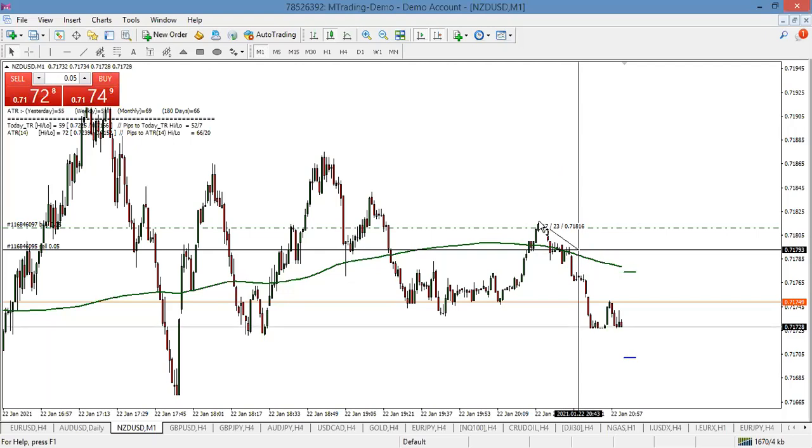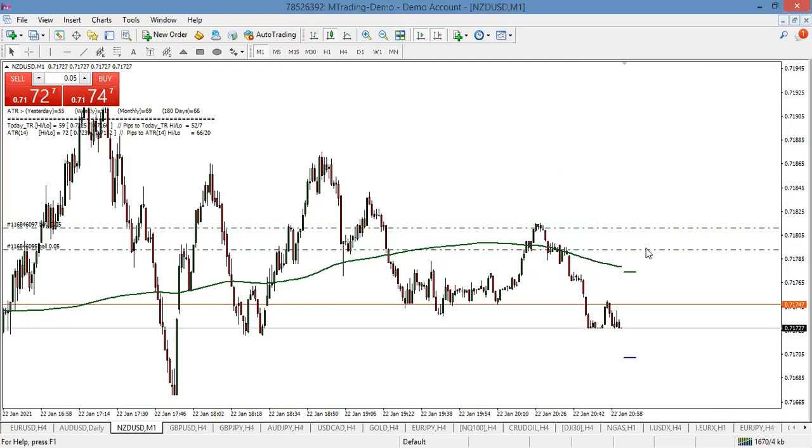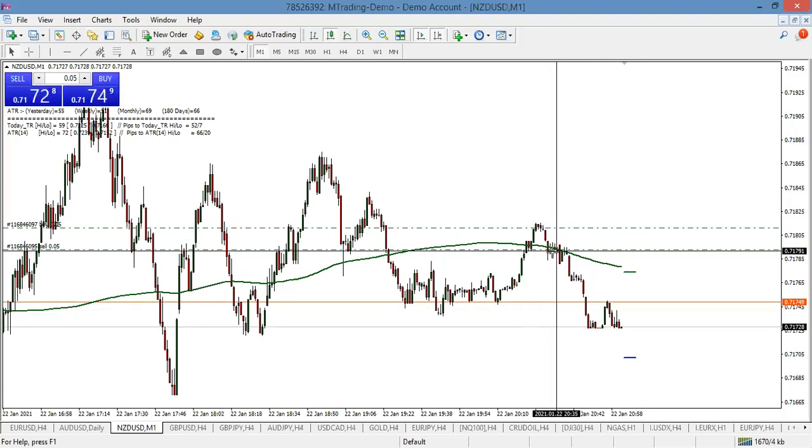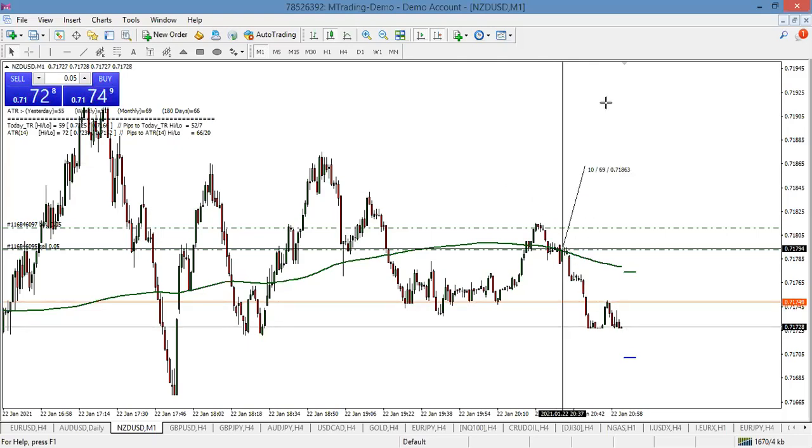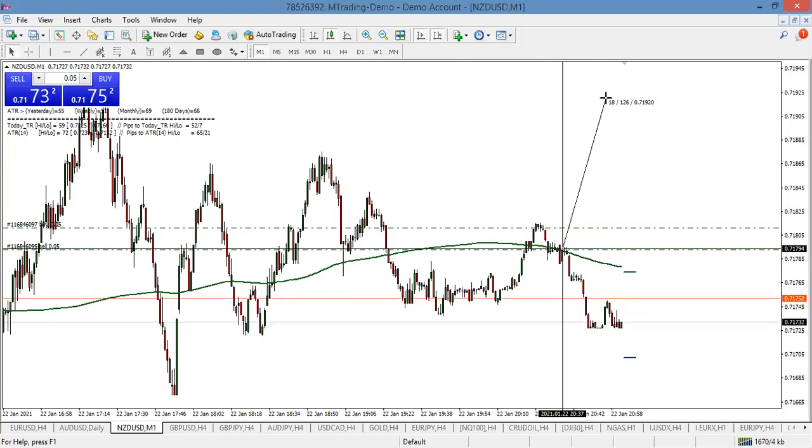So with this crosshair, I have the information I need. Instead of doing the maths, 0 point something something minus 0 point something, you don't need all that on the chart. Just take the crosshair, drag from the top to bottom or from bottom to top. Whatever you see at the middle is the pips. So in this case, we have 126, that's 12 pips or 12.6 pips.